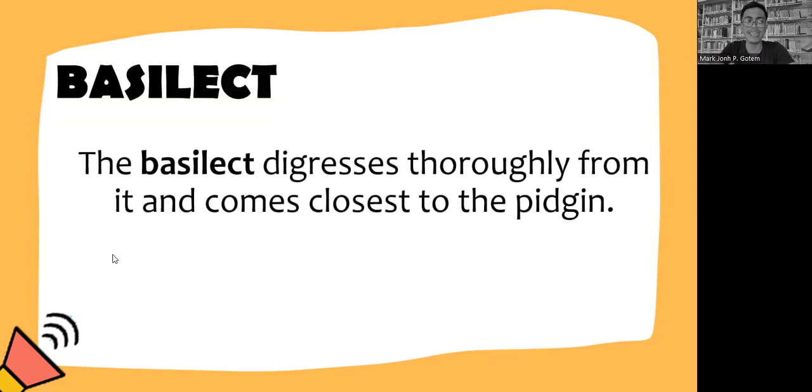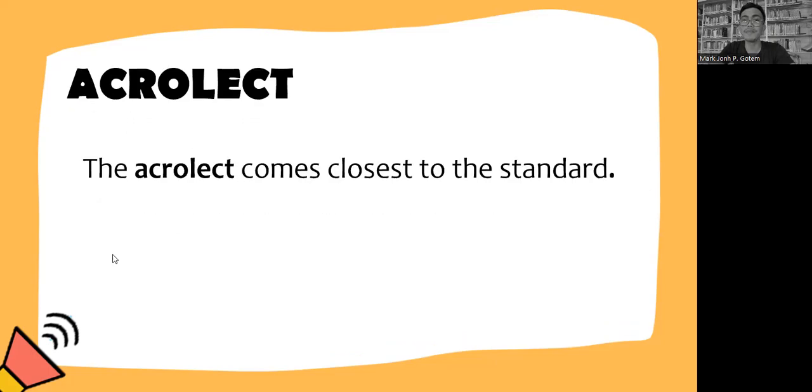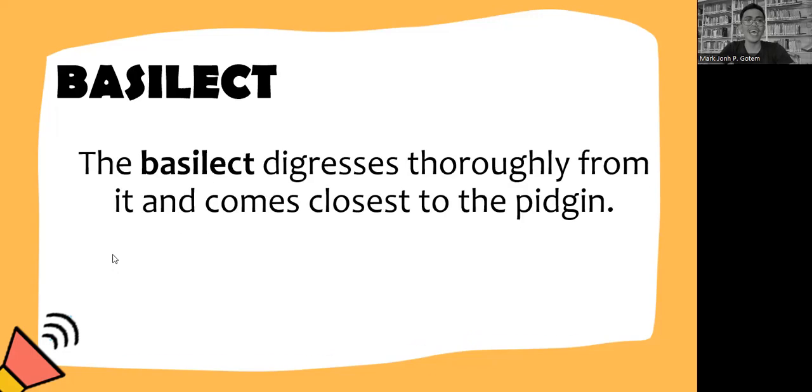Next, we have the Basilect. The Basilect decreases thoroughly from it and comes closest to the Pidgins. What is a Pidgin?